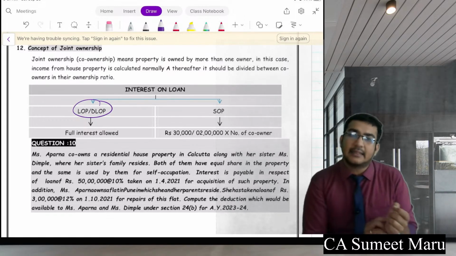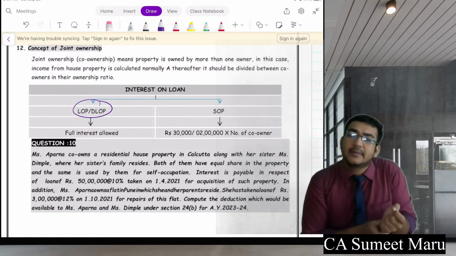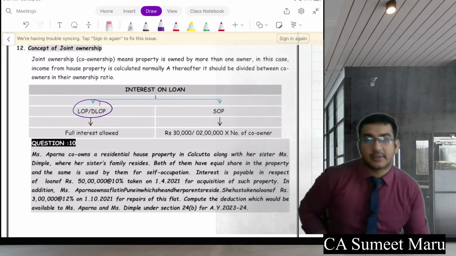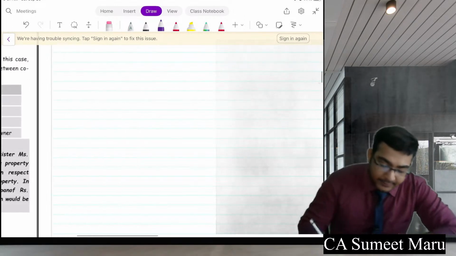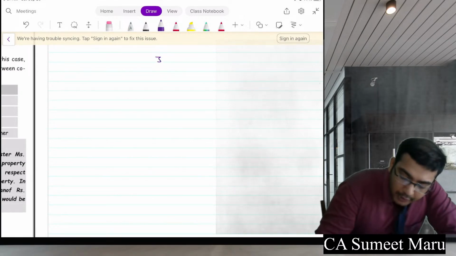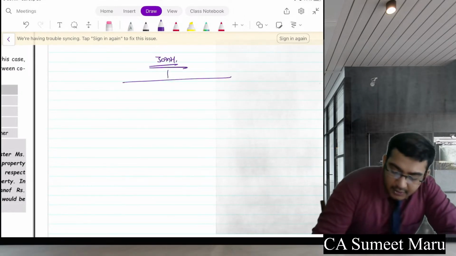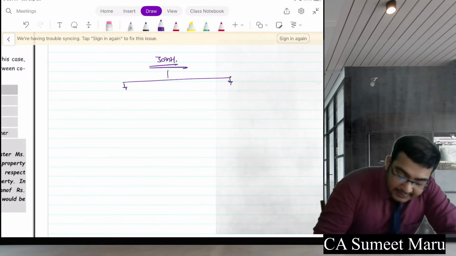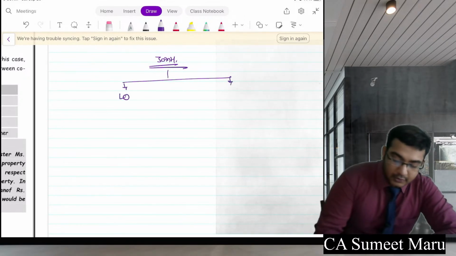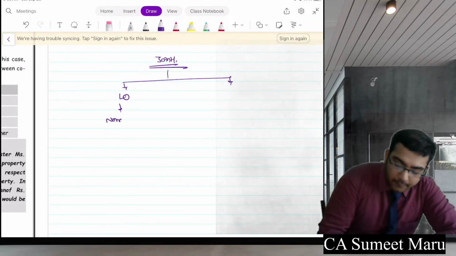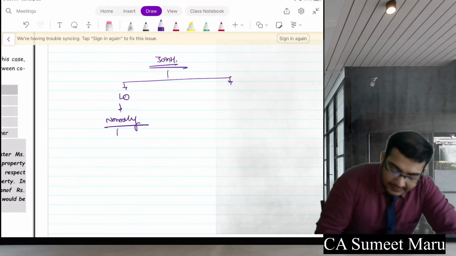Finally, whatever income from house property comes, divide it among all the owners. Okay, once again I'm saying, when the house property is jointly owned, in this case, if the house property is let out, solve it normally, and the final income whichever comes, divide among all owners.